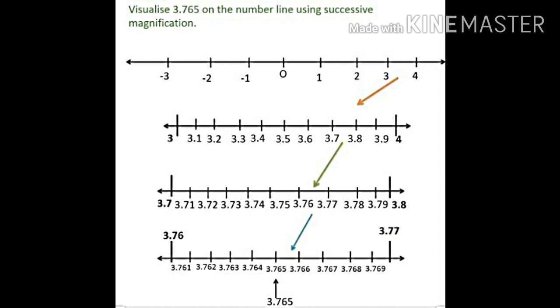Now let us magnify the portion between these numbers. Again divide the line into 10 equal parts. The first mark will represent 3.761, the second 3.762 and so on. The fifth mark on this number line will represent the given number 3.765.